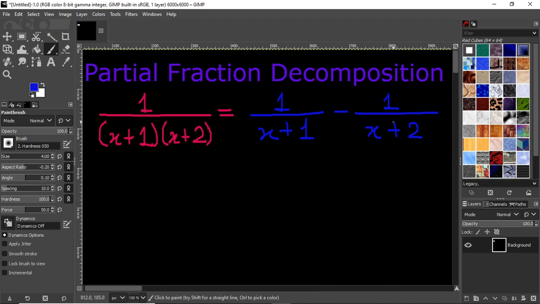If you work from the right hand side, take a common denominator of x plus 1 and x plus 2, you'll easily get your answer.